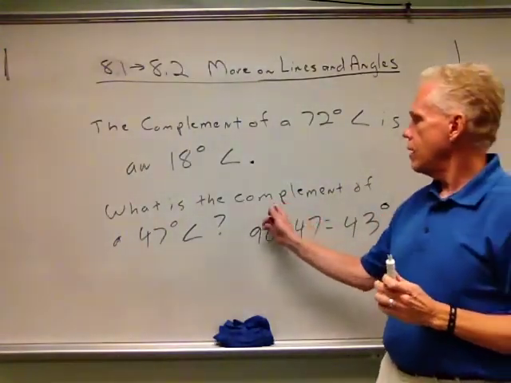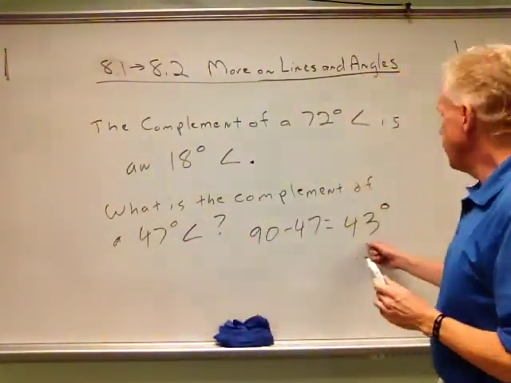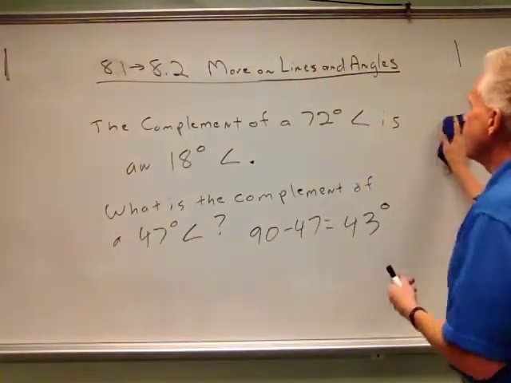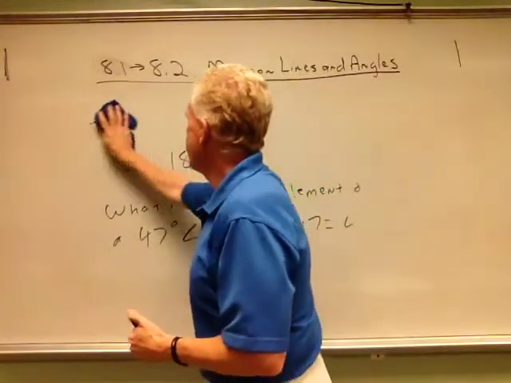So the complement of a 47-degree angle is a 43-degree angle. That's complement. Okay, now from there we want to say a quick word about supplementary angles.